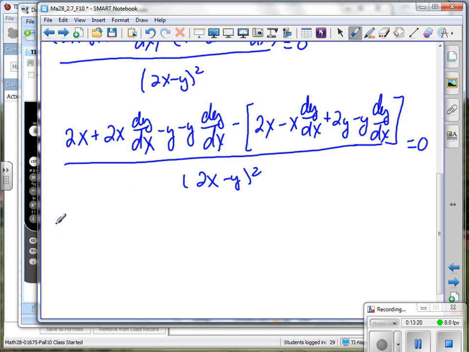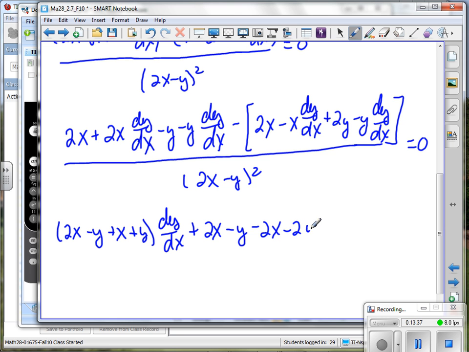So I think if I do this right, I'm going to have a 2x minus y plus x plus y dy dx, plus 2x minus y minus 2x minus 2y, all of that divided by the quantity 2x minus y squared, set equal to 0.